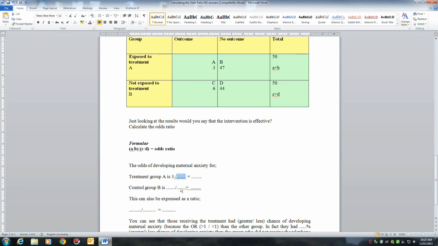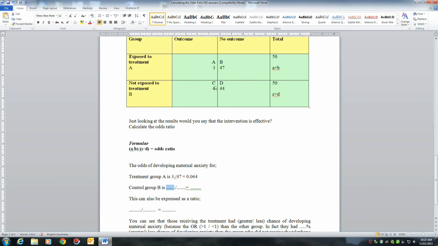And if you do that calculation, you should get 0.064. Depends on the exact result you get, how many decimal points you round to. But if you round to 3 decimal points, you should get the same as me.